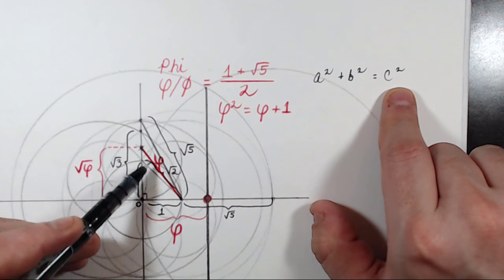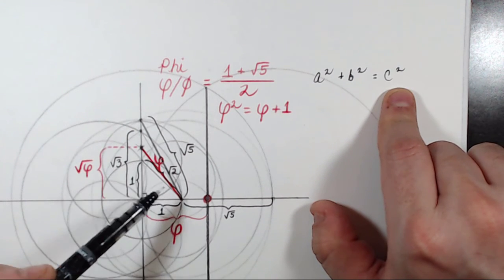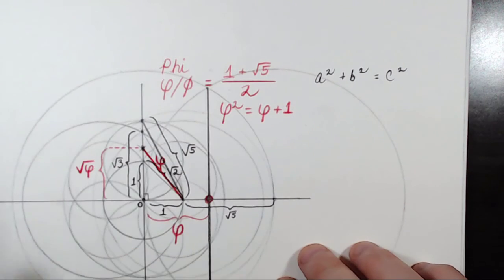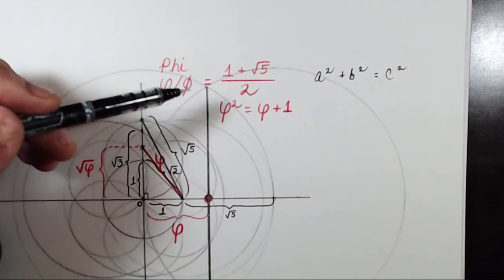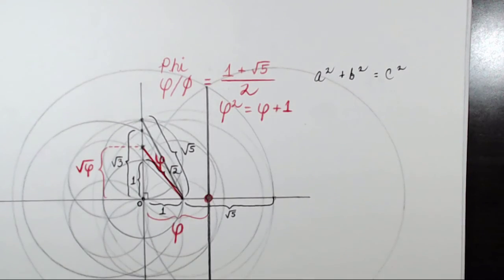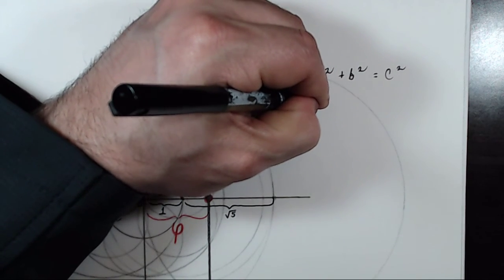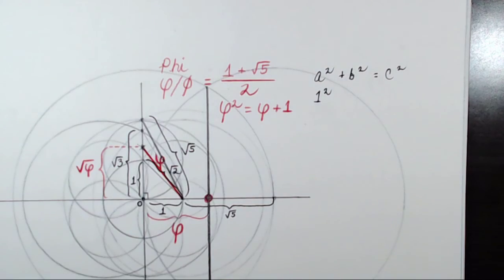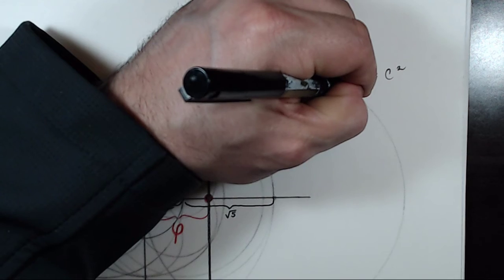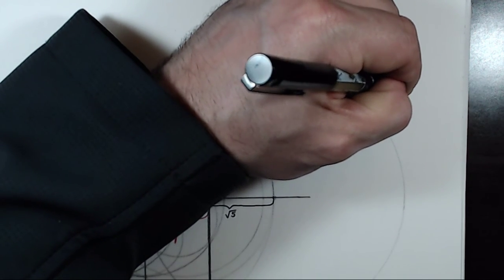What we're saying is that's equal to the hypotenuse, which we were fairly certain is phi. We found it with our compass. We found that using circles. We're pretty clear on that. So I know c and I know a. I want to find b. So let's put in what we know. This is 1 squared, okay, base of 1, plus height of b squared equals hypotenuse of phi squared.